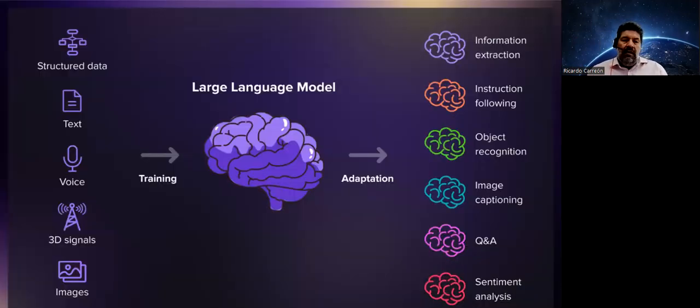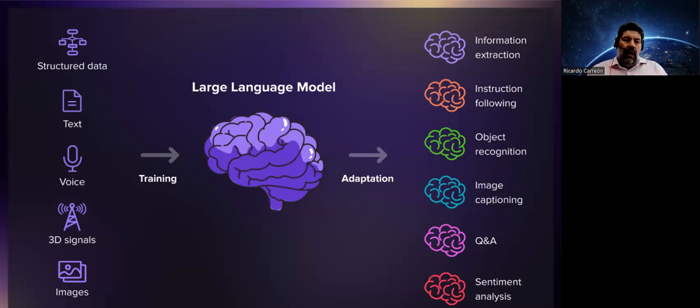And the way it works is, you have huge amounts of data. You can say that it's pretty much all of the internet, and in some cases a little bit more, in some cases a little bit less than the internet. But you have data from many different sources, from structured data to text to video to audio to 3D or virtual reality data.